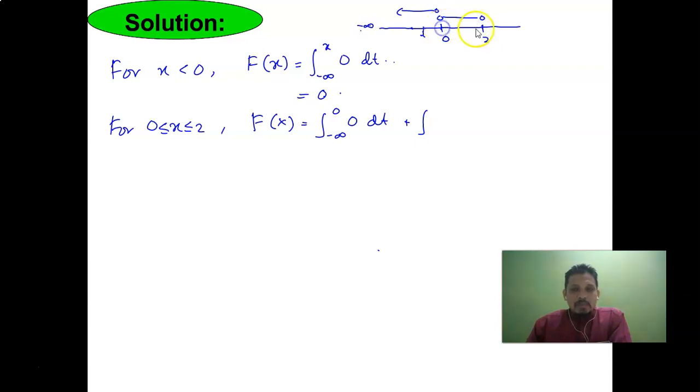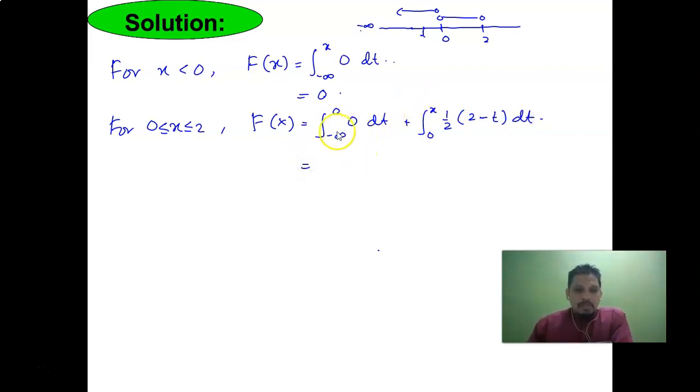Just imagine x is anywhere between 0 until 2. So we put it here as 0 and add the integral of the function 1 over 2 times (2 minus t) dt, changing the variable of x into t.